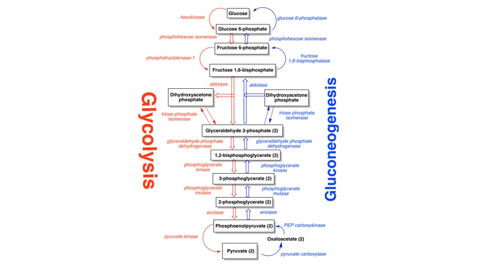Oxaloacetate is converted to malate in order for it to be transferred across the membrane of the mitochondria into the cytoplasm, and then it's transferred back to oxaloacetate.